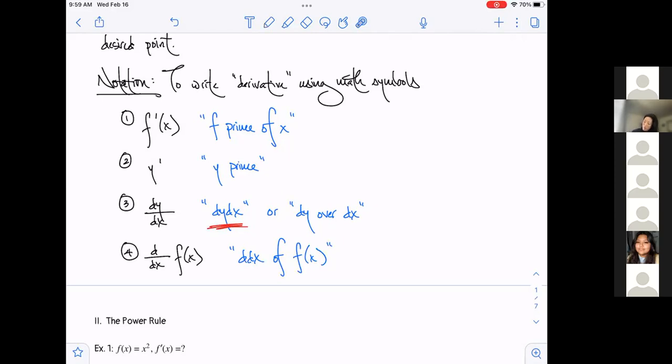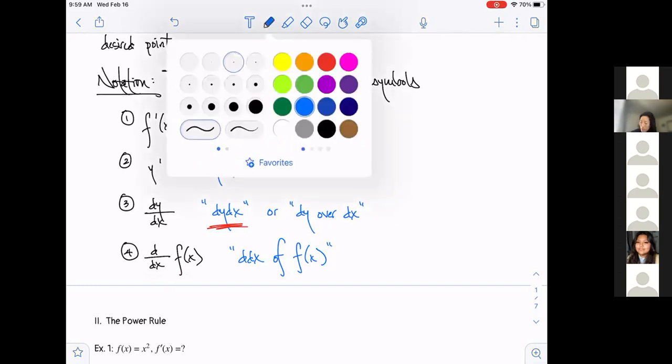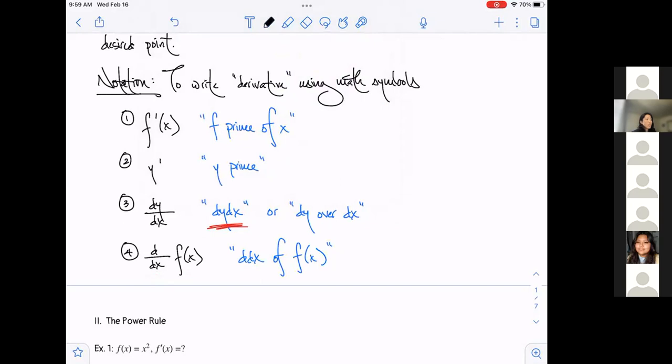But I feel like primarily these top 3 are the ones that we see most often. All 4 of those ways mean find the derivative. So I'm trying to use different notation as we go along in today's notes, but also on quizzes and things like that, just so we get used to reading all those different ways.